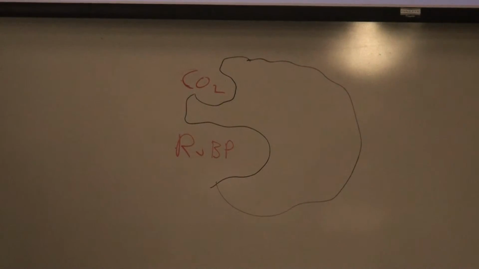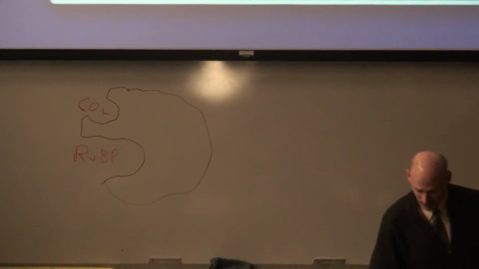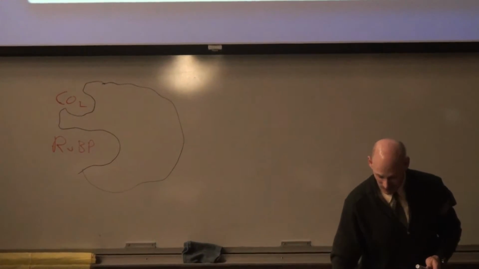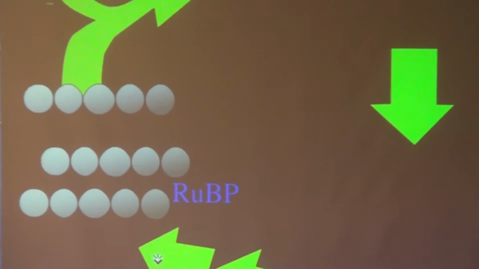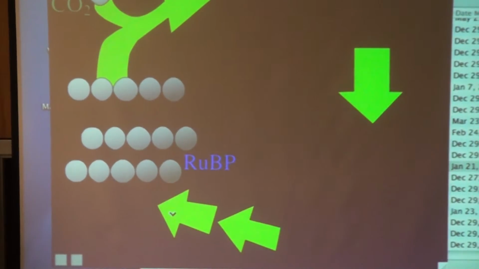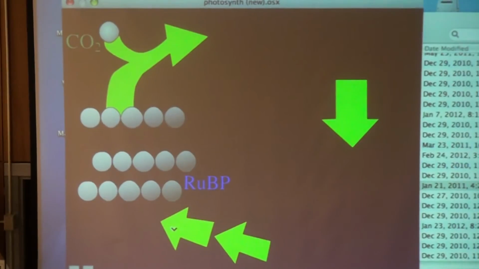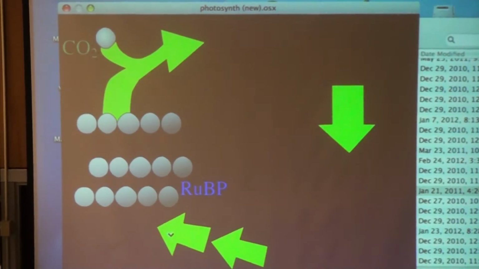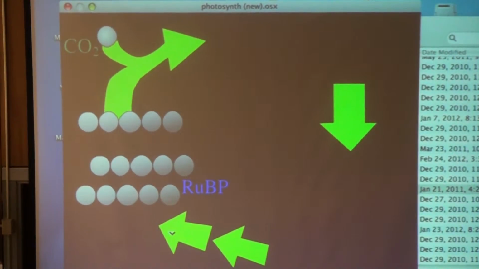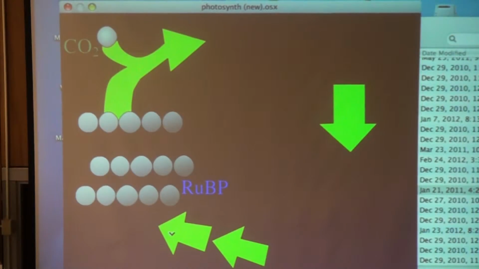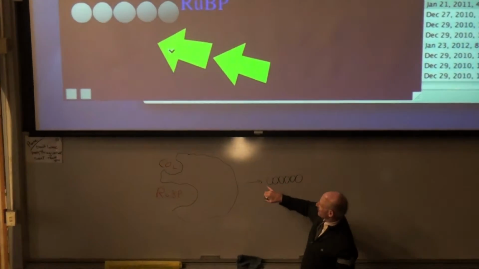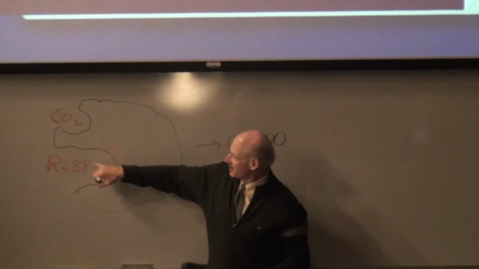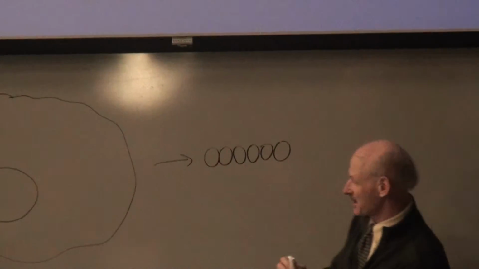So it grabs an RuBP, it grabs a carbon dioxide, like that. And then what it does is carry out a chemical reaction where it clicks them together. So what comes out is actually a C6 molecule, made out of 5 carbons from the RuBP and the 1 carbon from the carbon dioxide.